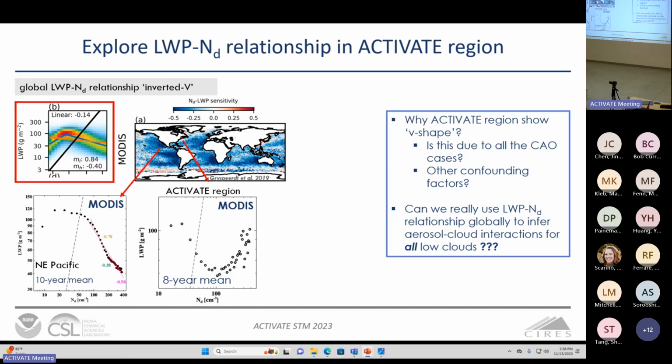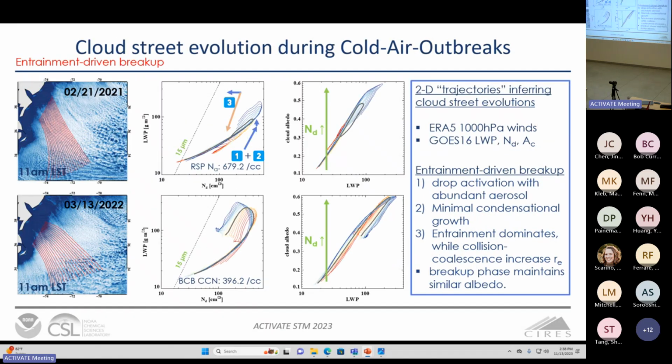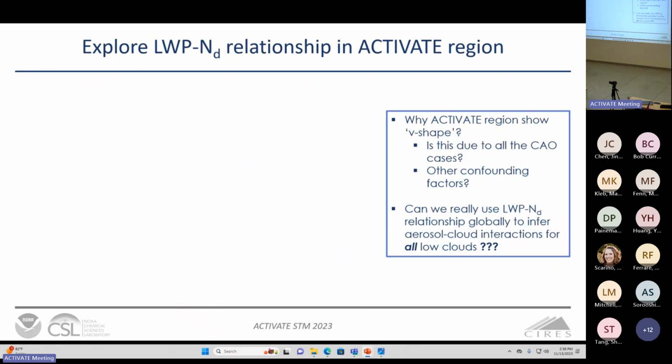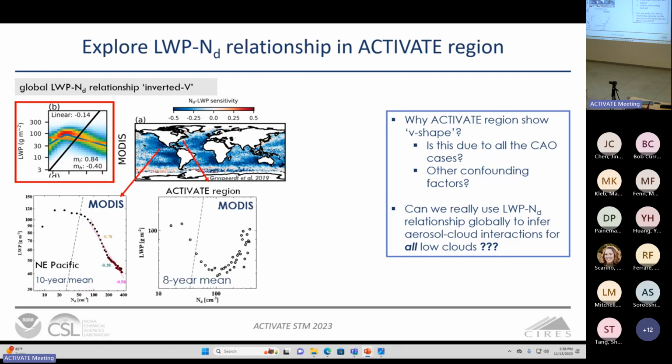At first, I thought this was just due to the cold air outbreak cases, because I just showed you that you have this strong developing phase of a positive correlation between liquid path and ND. If you include these cases in your analysis, you can just get a positive slope. So one thing I'm trying to understand is whether there are some confounding factors we are missing.